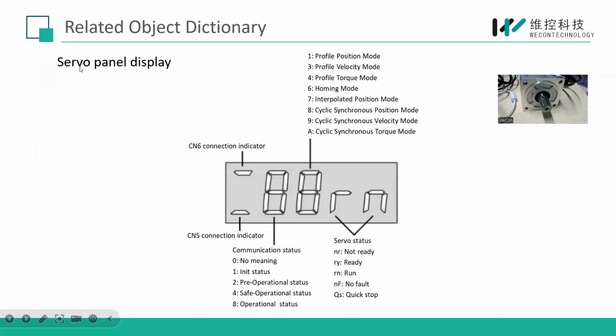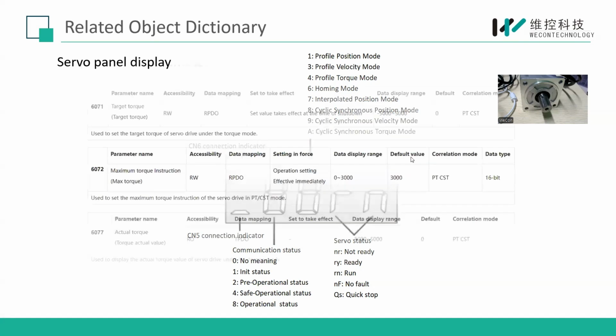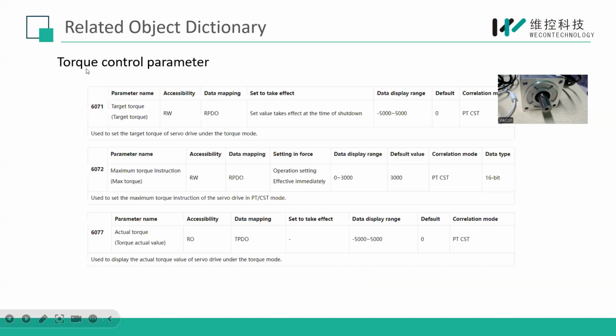And servo panel display. Here for CST control, it will show a display A in this position. And some torque control parameters. Here are target torque, max torque, torque limit, and actual torque.